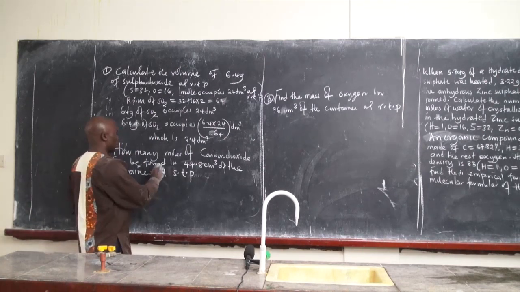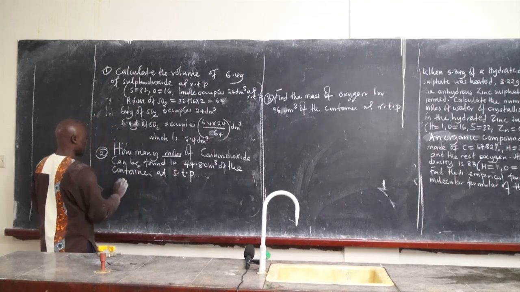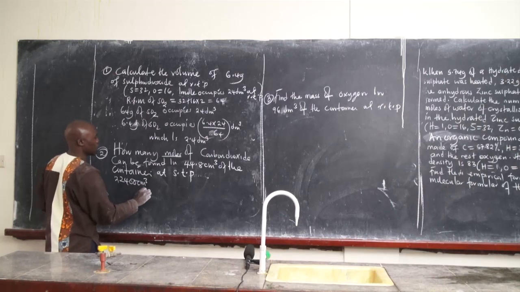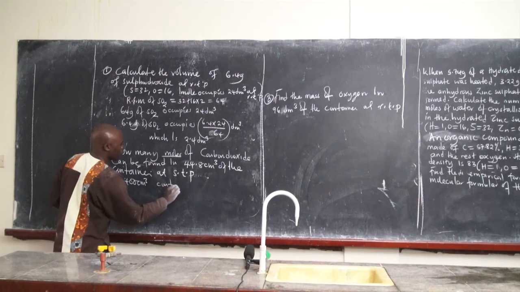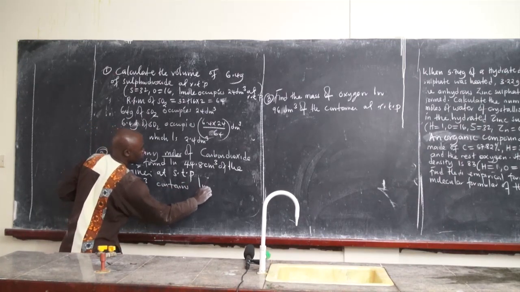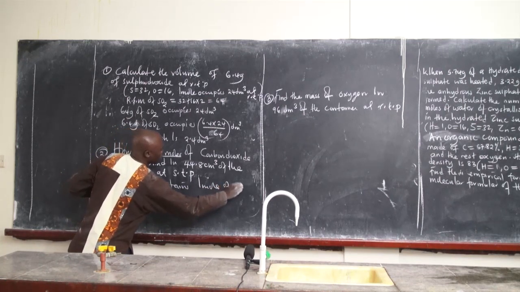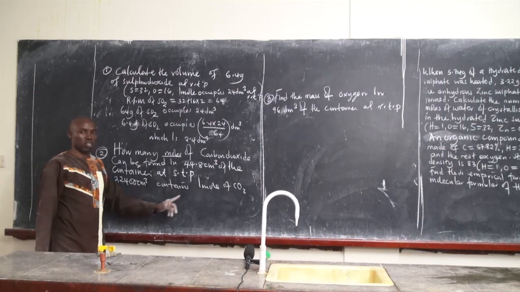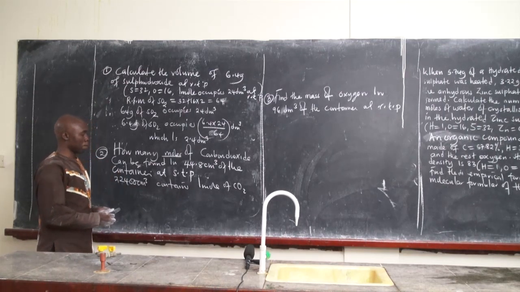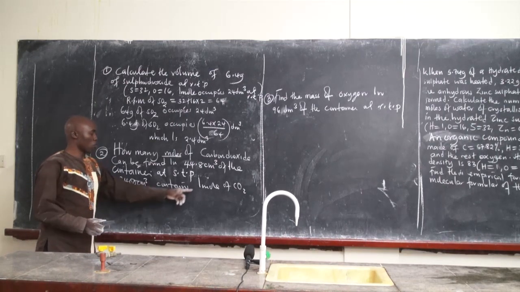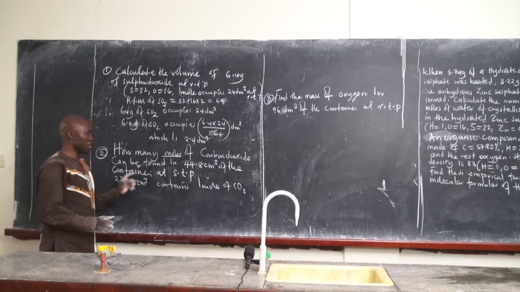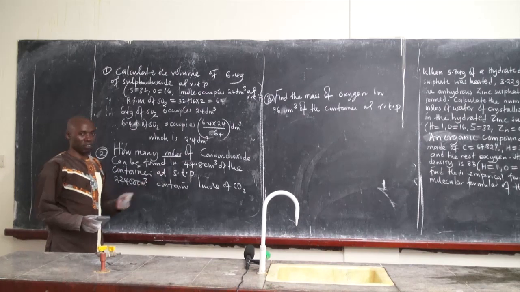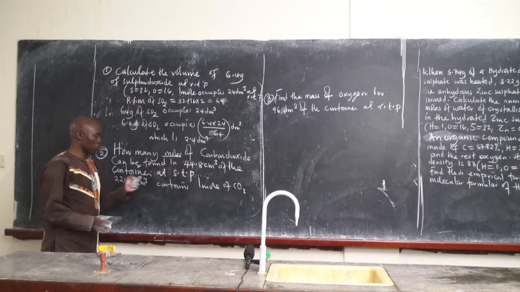But they are giving us the volume, so I will say 400 cubic centimeters contains 1 mole of carbon dioxide. I hope you understand. This STP volume is for 1 mole of the gas. I can't say 1 mole occupies this because they have already given me the volume. If they give you volume, start with volume.